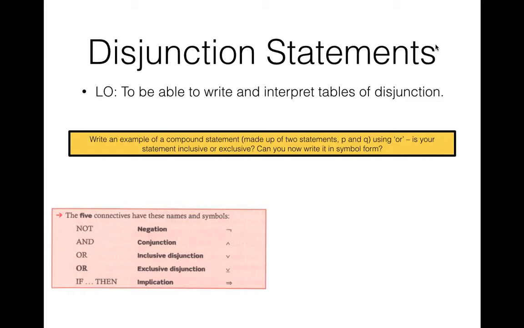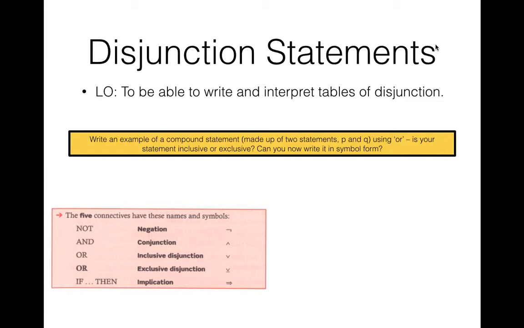So I'd like you to write a compound statement now, made up of two simple statements, P and Q, and I'd like you to use an or in the middle. And then I'd like you to think, do you want your statement to be inclusive or exclusive? Can you show this using words?